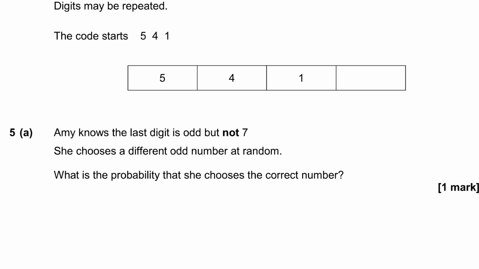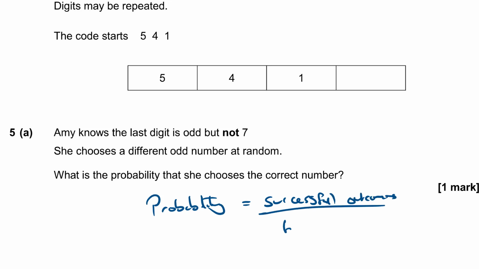Okay, well, we know that probability is equal to successful outcomes over total outcomes. Now in this case, she knows that the last digit is an odd number.